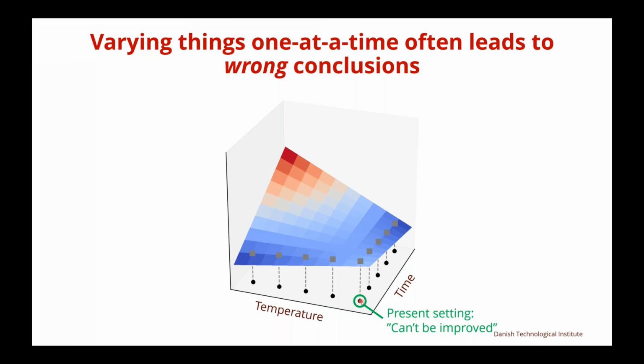So if you changed things one at a time, you would conclude that neither temperature nor time can bake a cake. And in many cases when companies begin using DOE, they discover a lot of process improvements very quickly because they begin varying multiple things at a time.